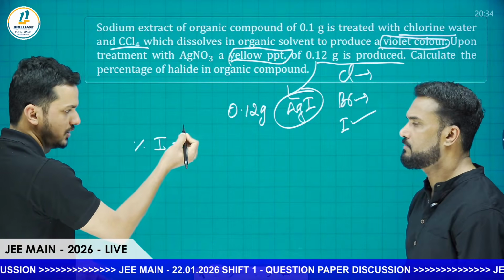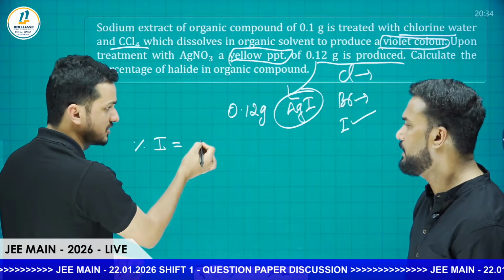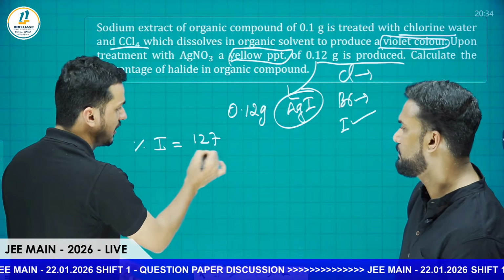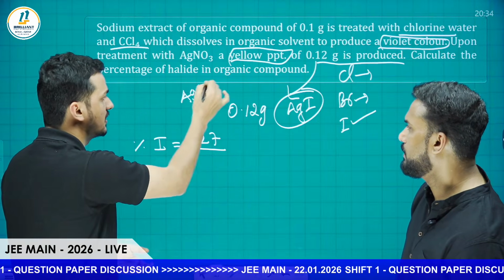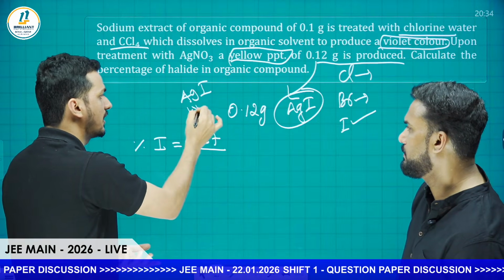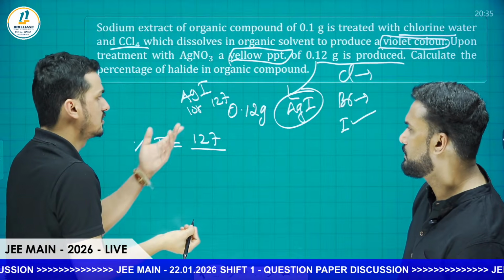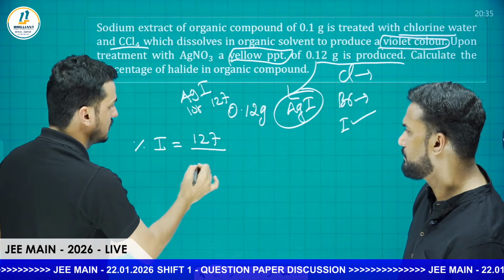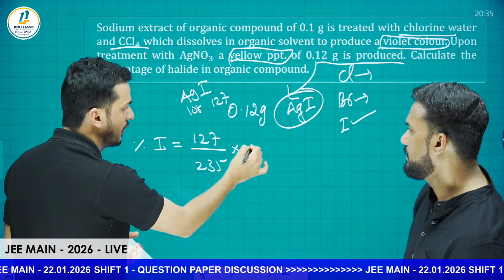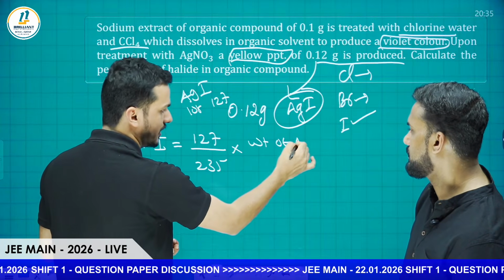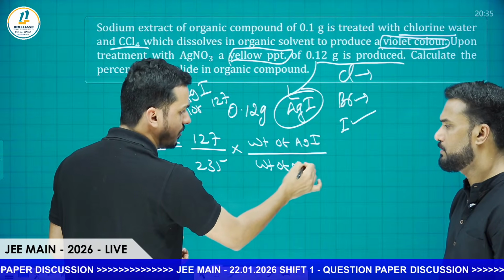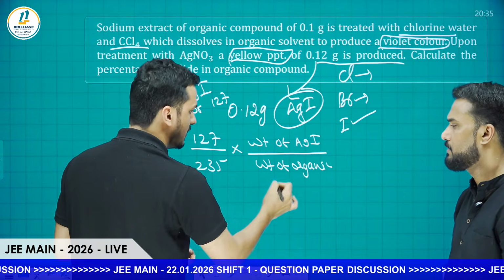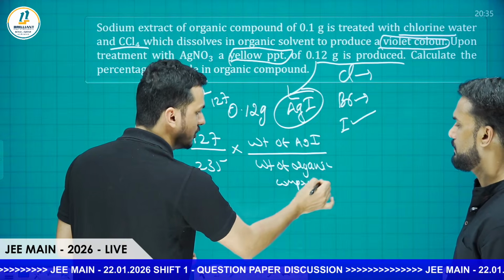Percentage of iodine equals mass of iodine, 127, divided by the molar mass of AgI, which is 108 plus 127, so 235, into the weight of AgI formed, divided by the weight of organic compound taken, into 100.